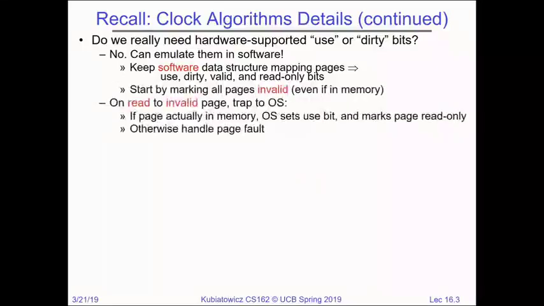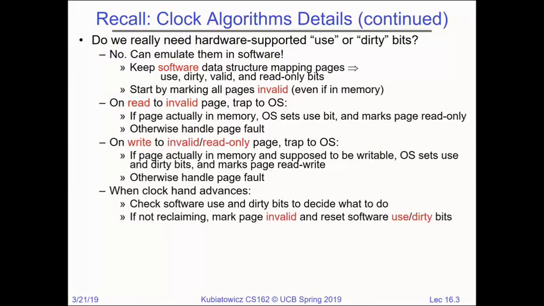And at that point, if it's a read fault, what I can do is set the page to be read-only and mark my little use bit to 1 in software. Because I don't have hardware to do this, I'm going to have a handler. I'm going to set it up so that when you go to do a read, it causes a fault, goes into the software, and now I'm emulating or faking it by having my own use bit in software for that page.